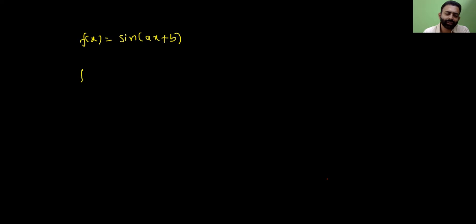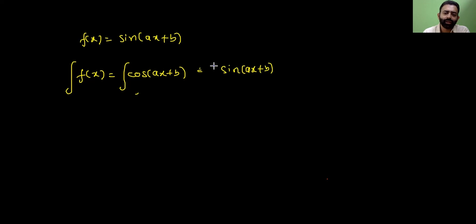So if your f(x) is cos(ax plus b) and you are integrating this, the integral will be sin(ax plus b), and you divide by the coefficient of x. Similarly, the integral of sin(ax plus b) is equal to minus 1 upon a cos(ax plus b).